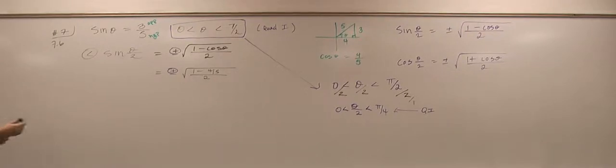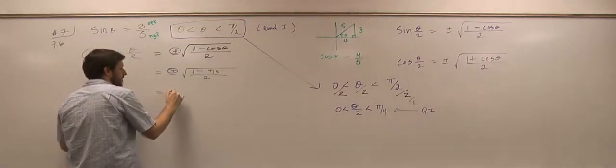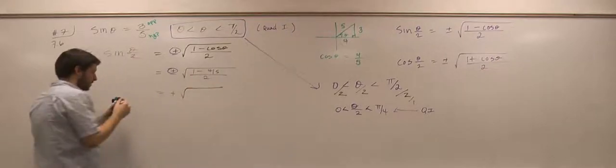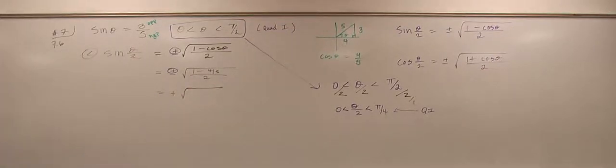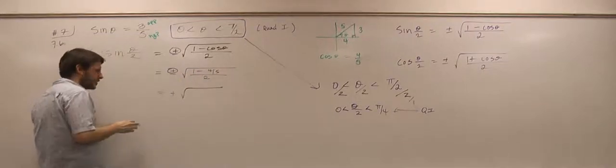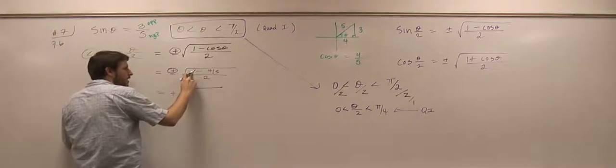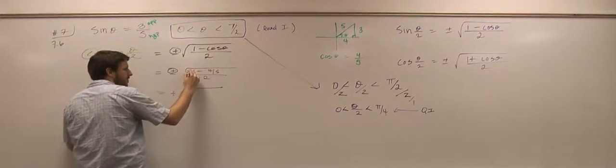Now we actually have to do the algebra simplification here. So then I have to take 1 minus 4/5 on top. How am I going to do that? You need to change this 1 into 5/5.